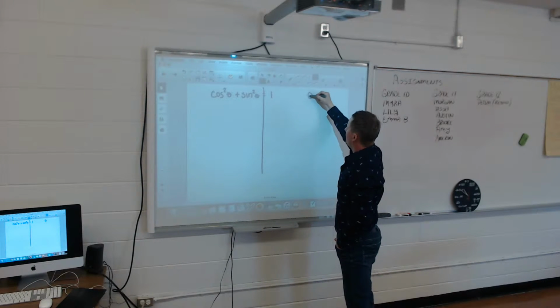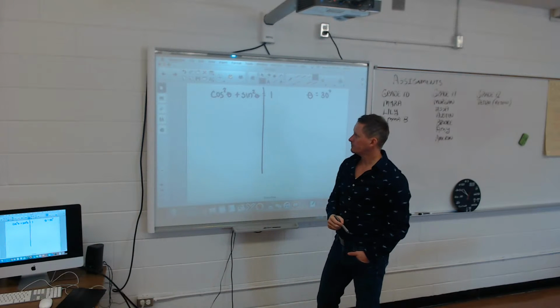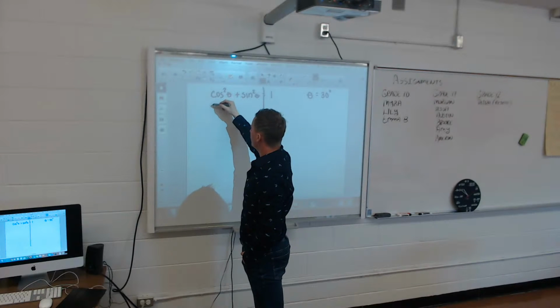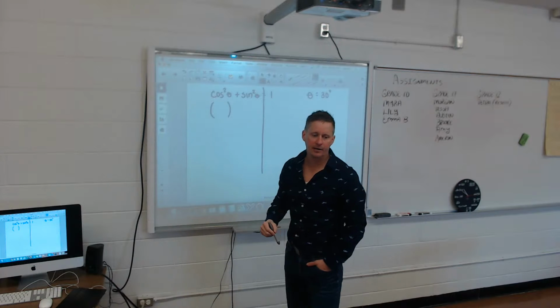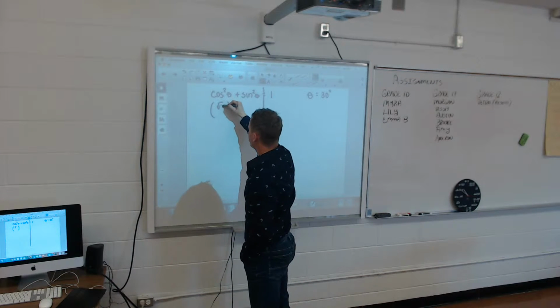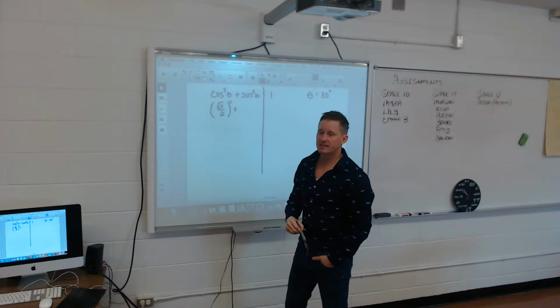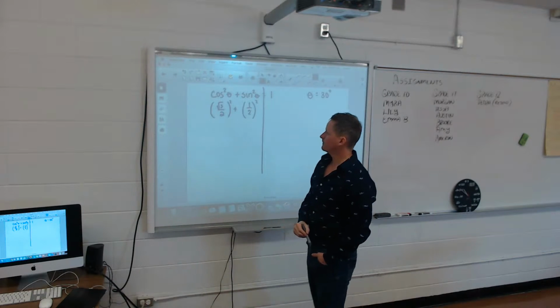So for example, I'm going to say theta is equal to 30 degrees. So I put cos squared theta, so cos squared of 30 degrees. Well, the cos value of 30 degrees is root 3 over 2 squared, plus the sine value of 30 degrees is 1/2, and we square it.